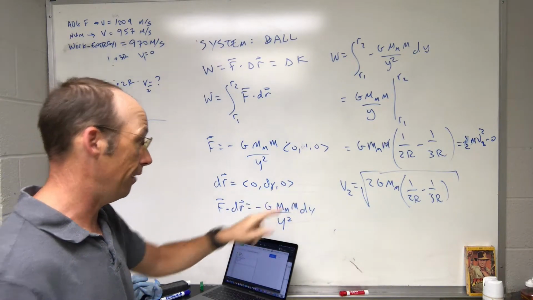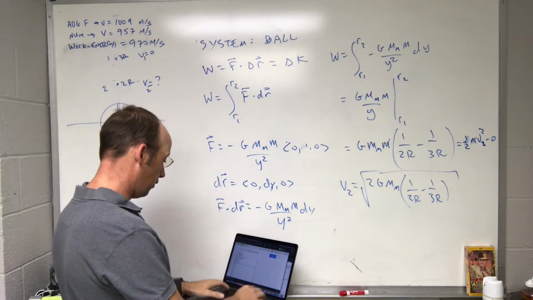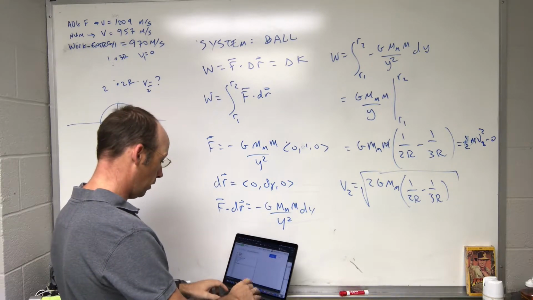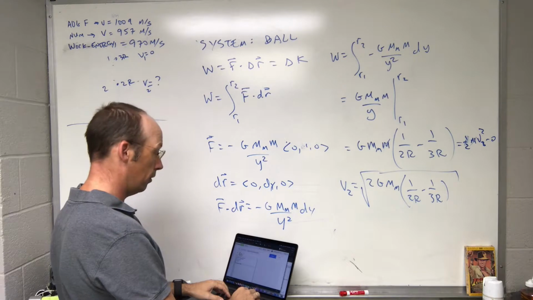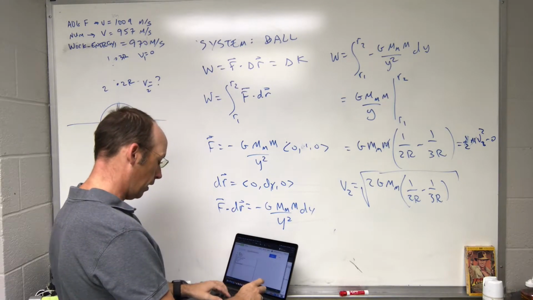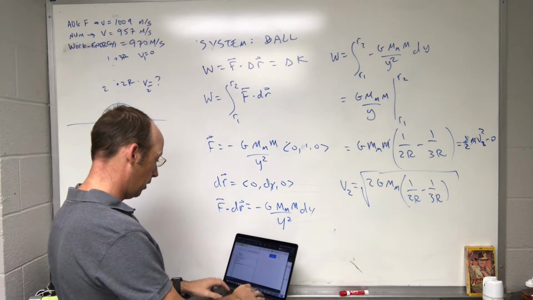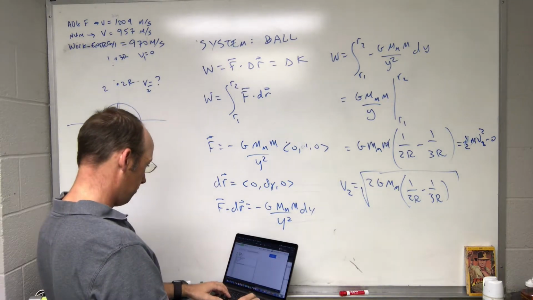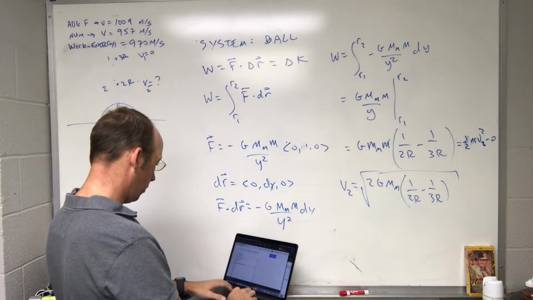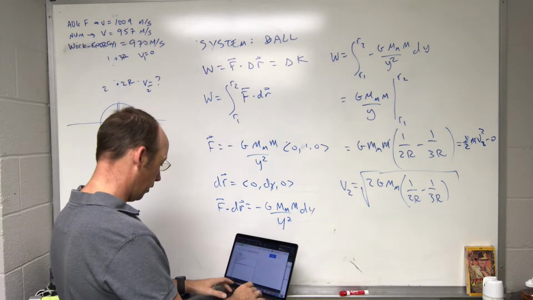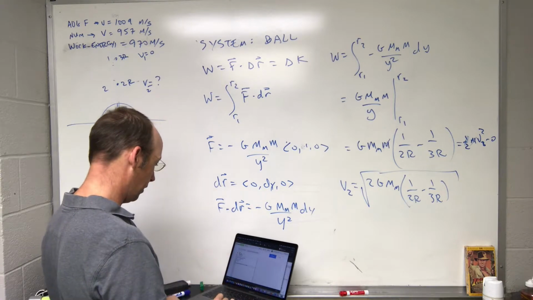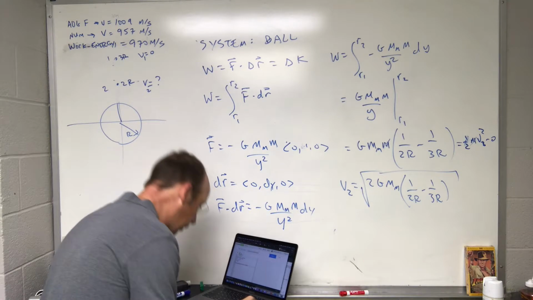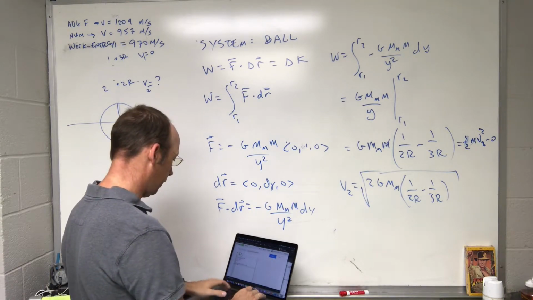I have G and the mass of the moon, so v2 equals the square root of 2 times G times the mass of the moon times (1 divided by 2r minus 1 divided by 3r). I feel like I have a parentheses problem, but I think I'm okay. Print v2.